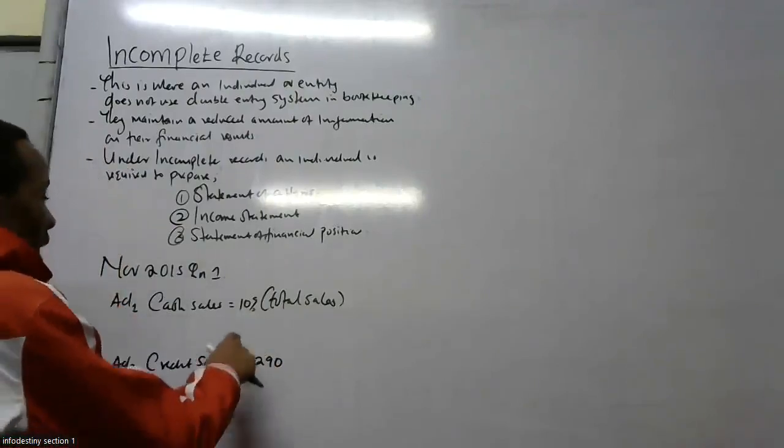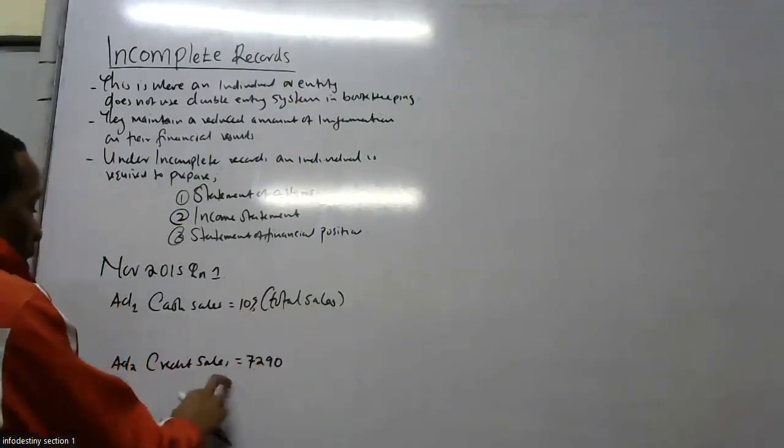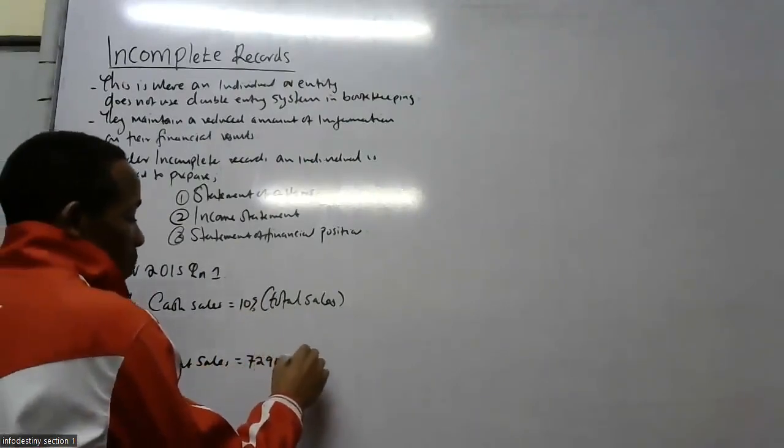If the cash sales are 10% of the total sales, that means the credit sales were 90%.